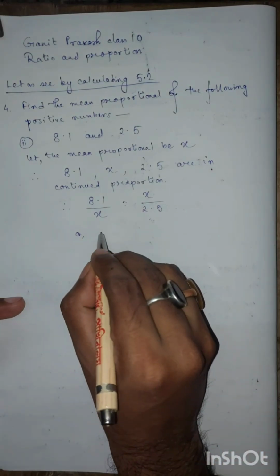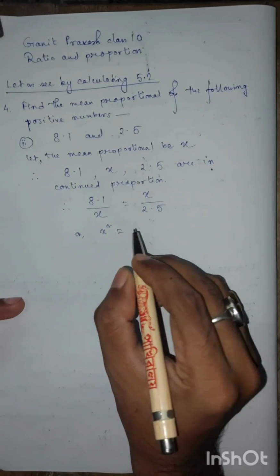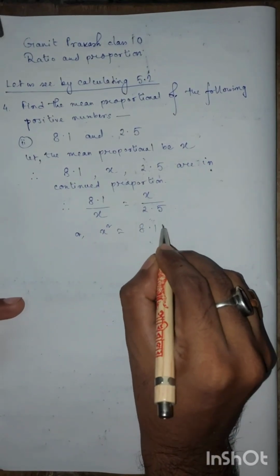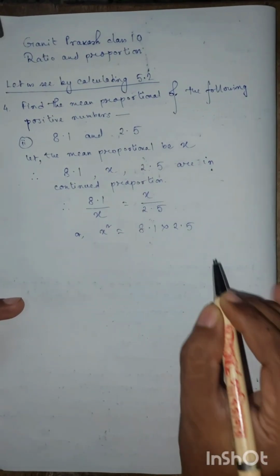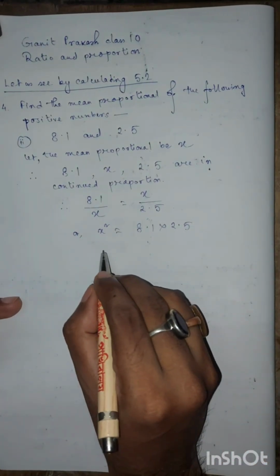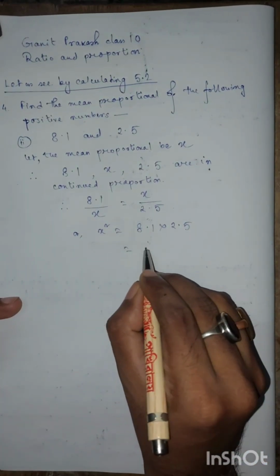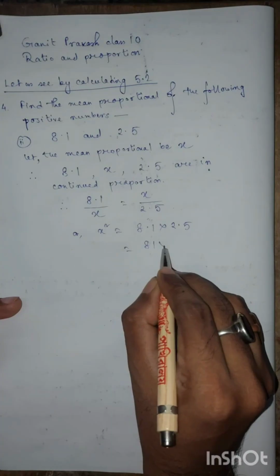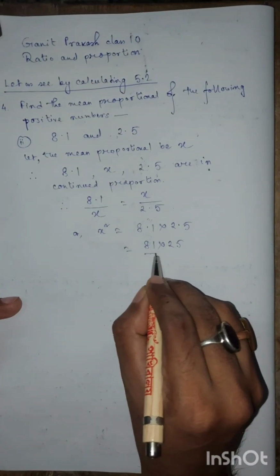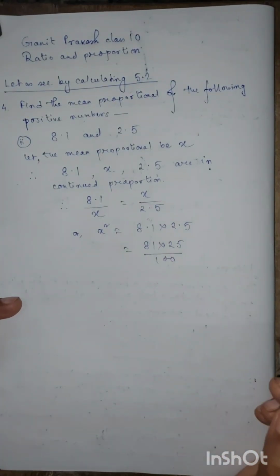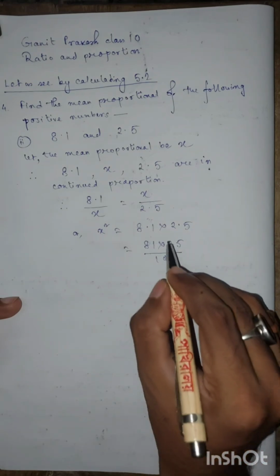So x square is equal to 8.1 into 2.5, which is 81 into 25 by 100.